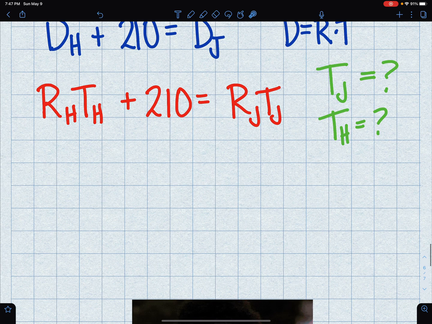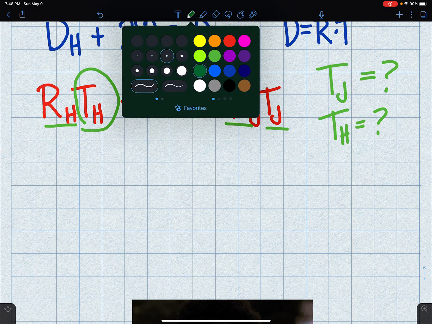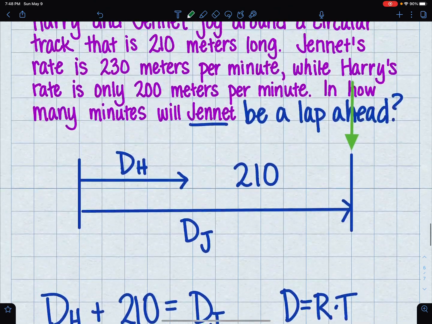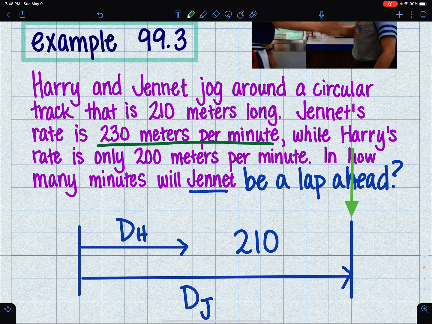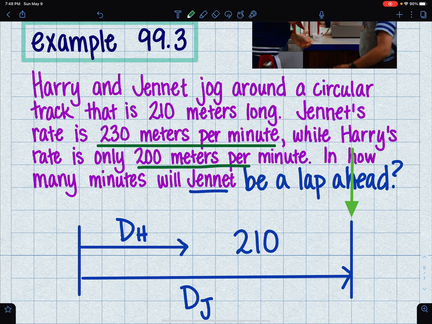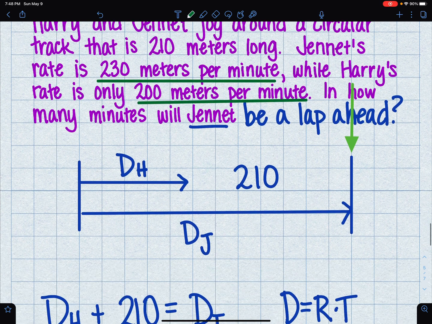All right, so if we're solving for TH, then we need to figure out what is RH, what is RJ, and what is TJ. So what is the rate of Harry? Let's go back to the problem. Jeanette's rate is 230 meters per minute. Harry's rate is 200 meters per minute. So it just tells us straight out.